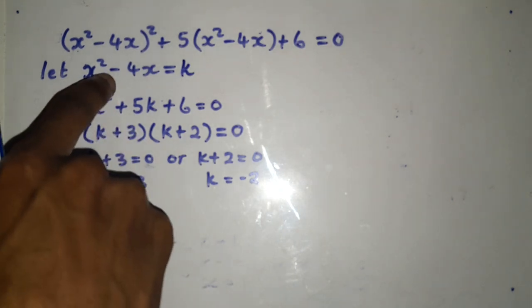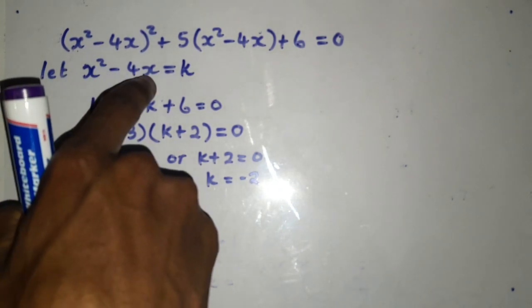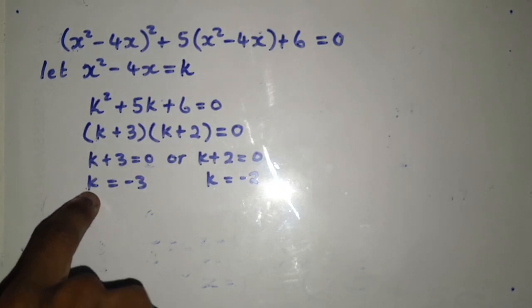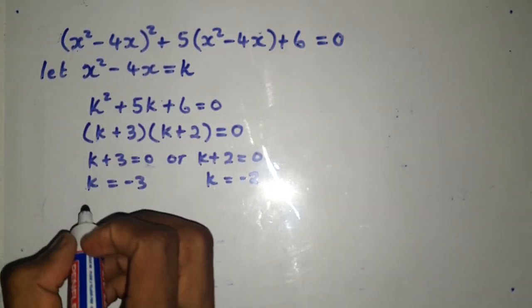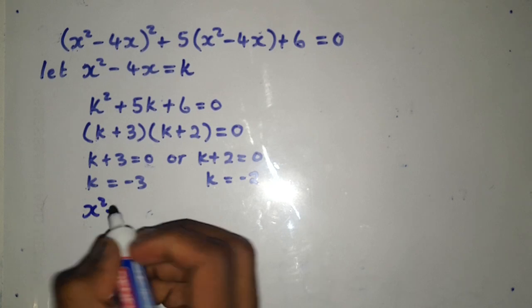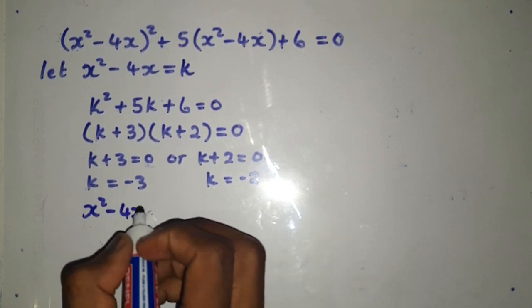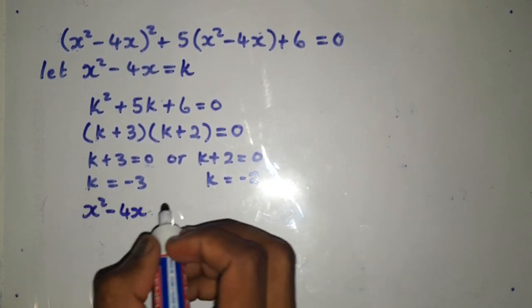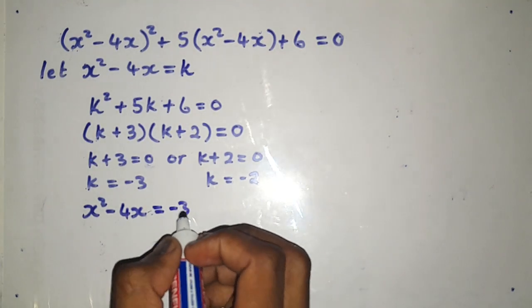Let us take back that x squared minus 4x and replace where we see k with that one. x squared minus 4x equals minus 3.